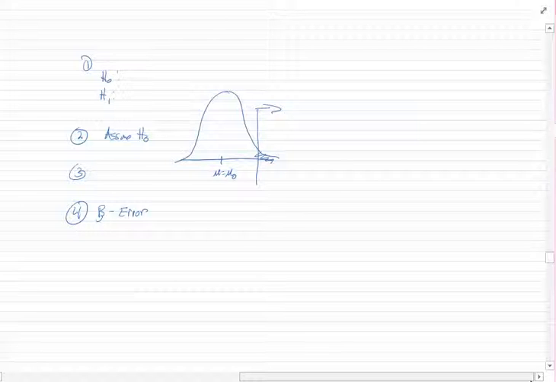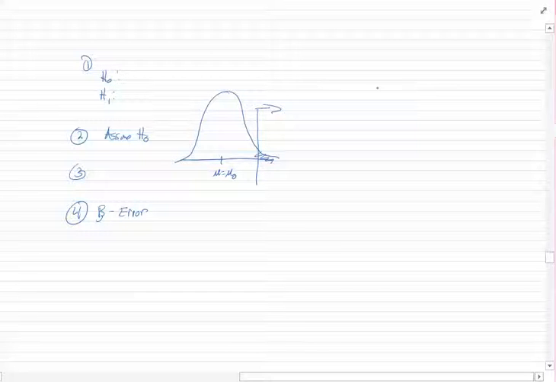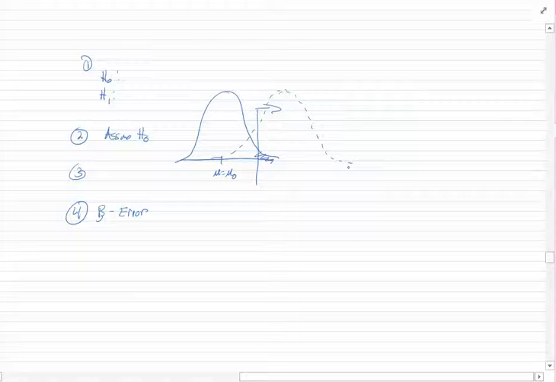If the null hypothesis is false, it means it's not there, it's somewhere else. So it could be anywhere. If the null hypothesis isn't true, then that distribution is centered somewhere else. Keep in mind, we're not going to know that when we do our test, right?